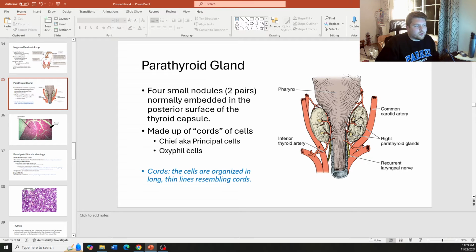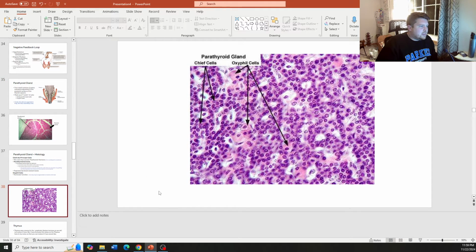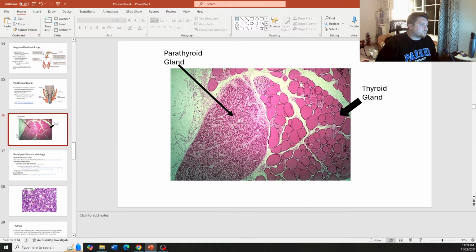They call them cords because if you zoom in with a microscope way, way close, you can see this string-like, cord-like structure. So here's our thyroid gland. You can see all of the follicles, and then embedded, that is our parathyroid gland.